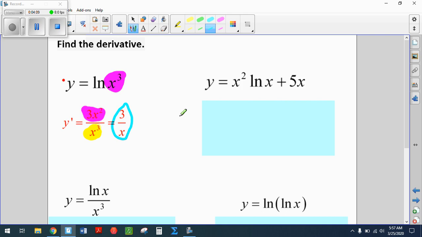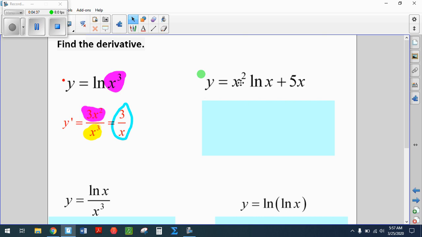So the first time, again, what I did was I said 3 times natural log x. The derivative of that is 1 over x times 3. But I can also use the chain rule. For the second one, the green dot, I have the product rule, x squared and natural log x.